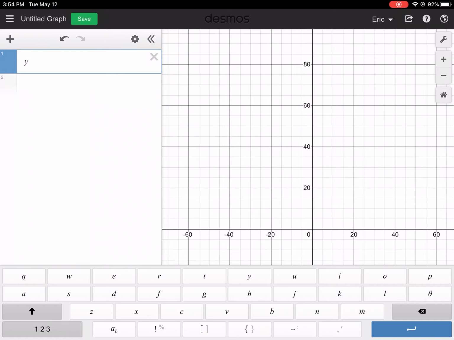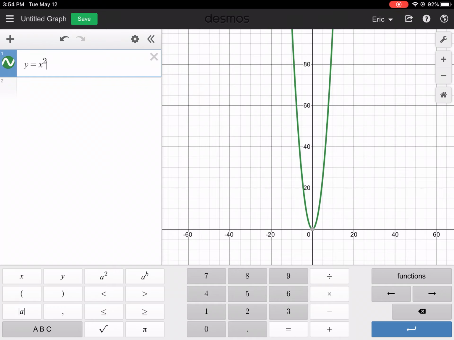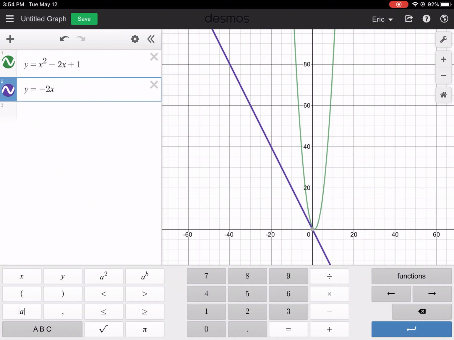So you can put y equals x squared minus 2x plus 1. So that's the first equation. Now our next equation, y equals negative 2x plus 6.